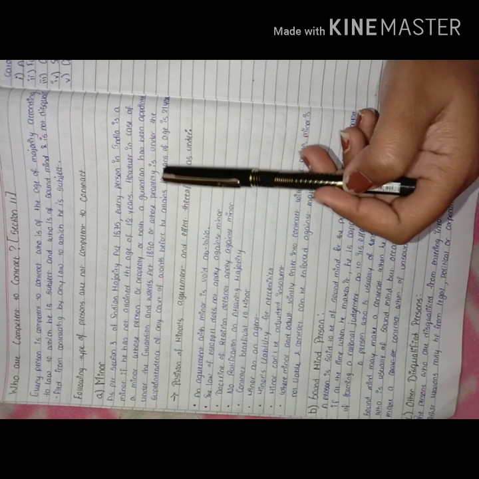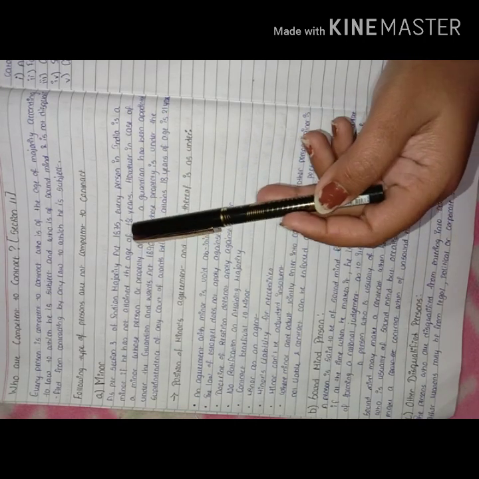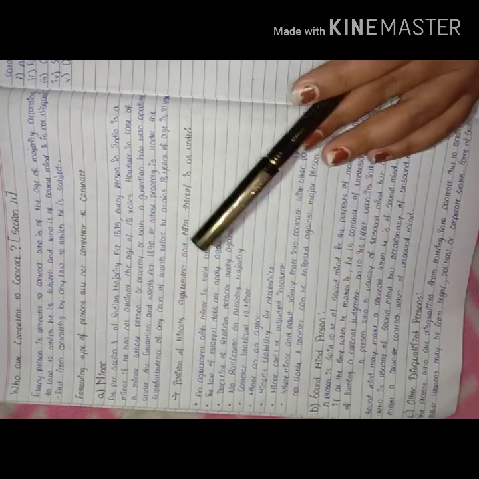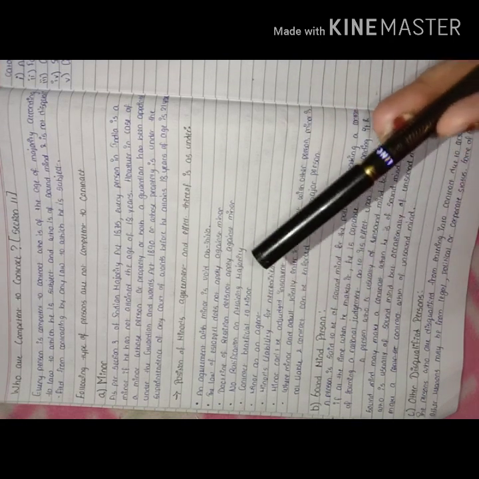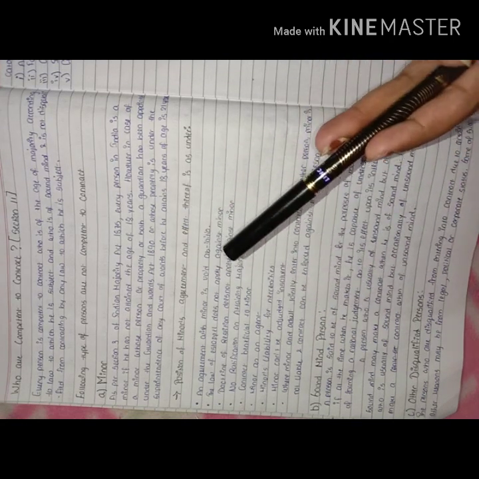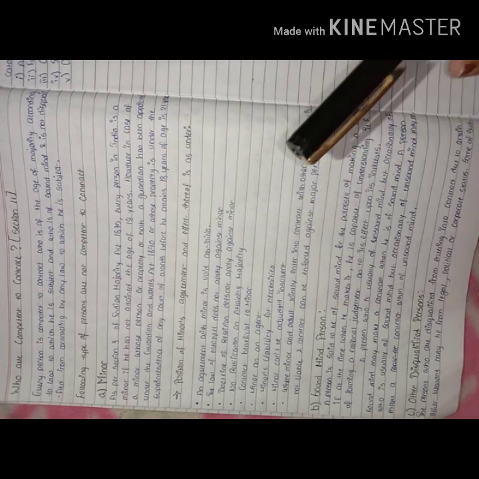So his minority is 21 years, otherwise it is 18 years. Basically, the person who has not attained the age of 18 years is said to be a minor and he is not competent to contract.